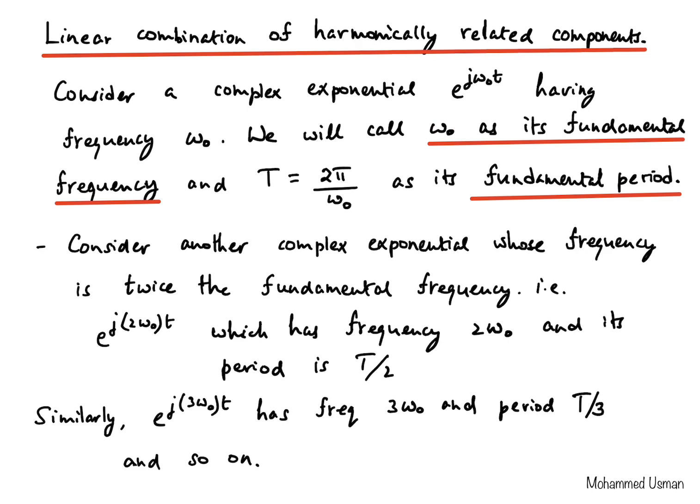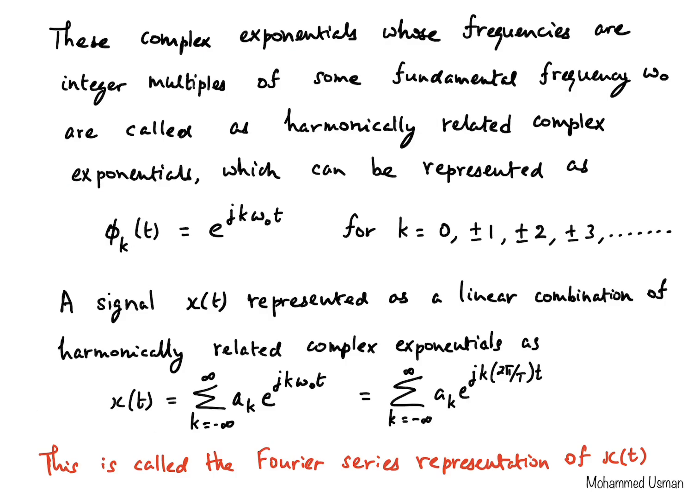And if we represent a signal x of t as a linear combination of these complex exponentials whose frequencies are integer multiples of some fundamental frequency value omega naught, we call them a linear combination of harmonically related components.